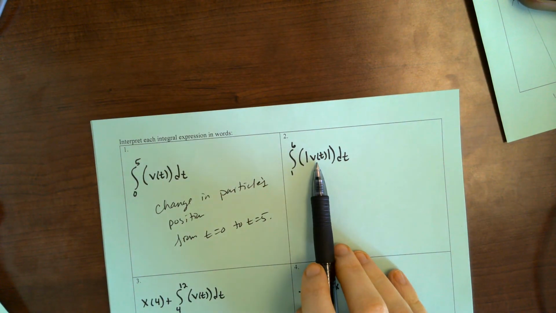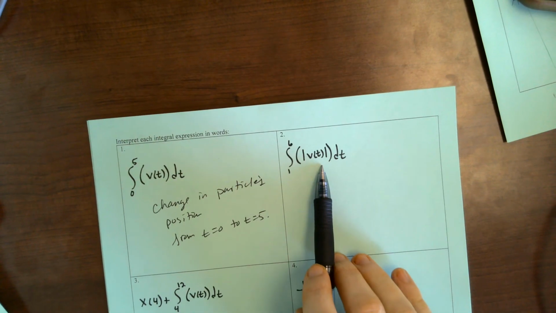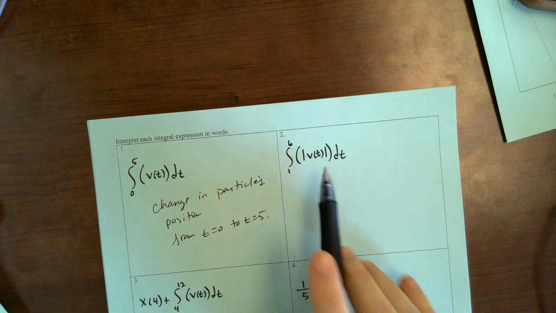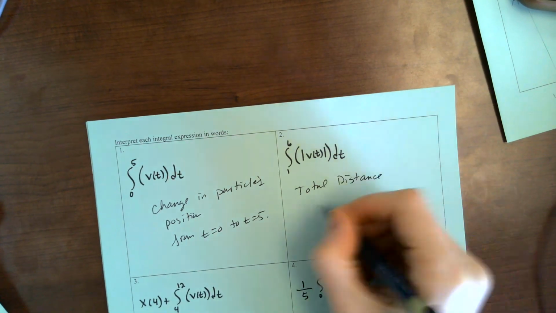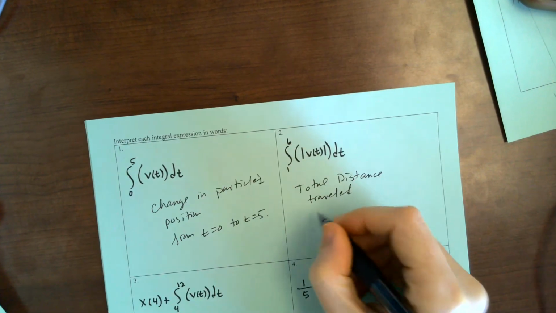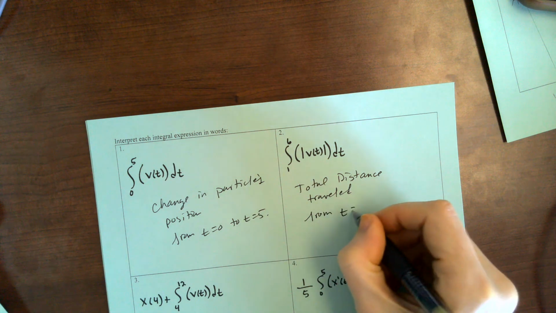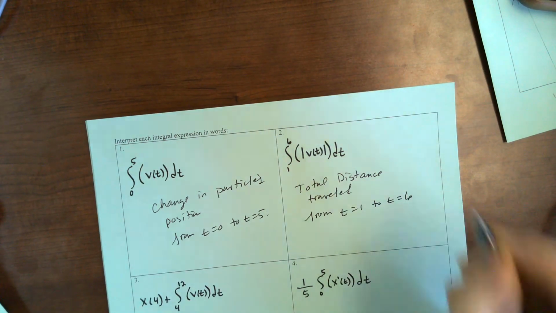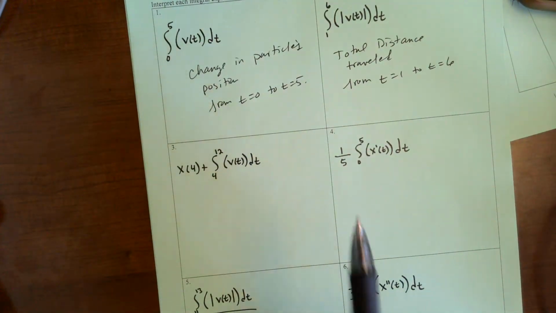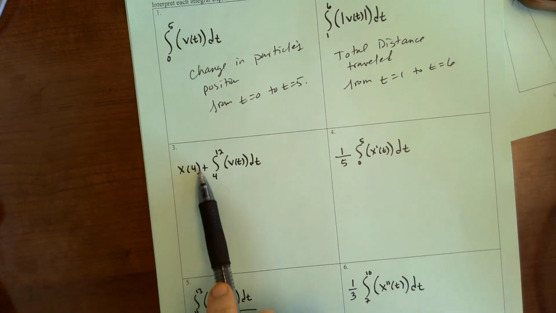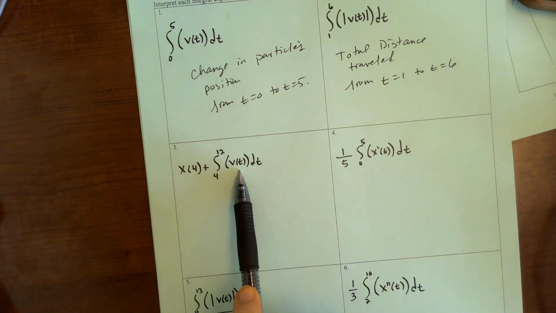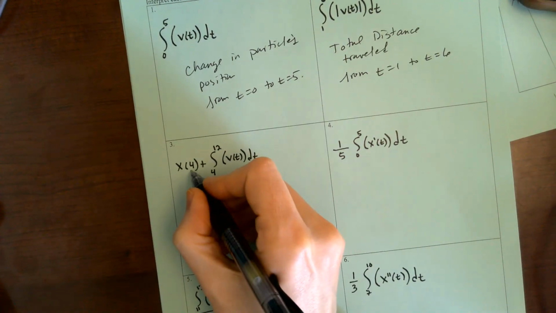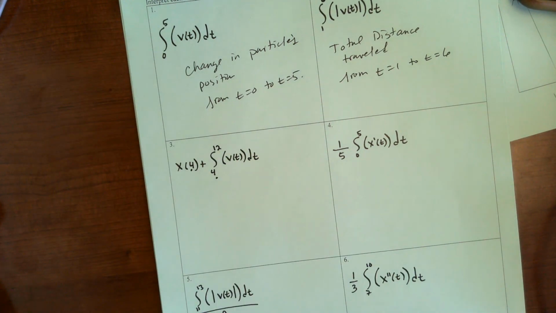Now this one, you got to match it to one of the formulas on the other page. Guys, the integral of the absolute value of velocity, that's total distance. Total distance traveled from t equals 1 to t equals 6. This one, when you have a function value, like a position value added on to an integral of velocity, just check and make sure that this input is the same as that lower limit, all right?